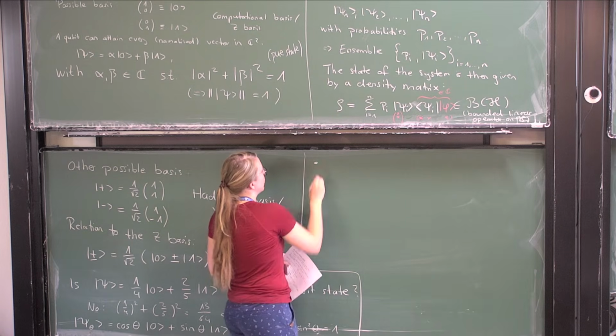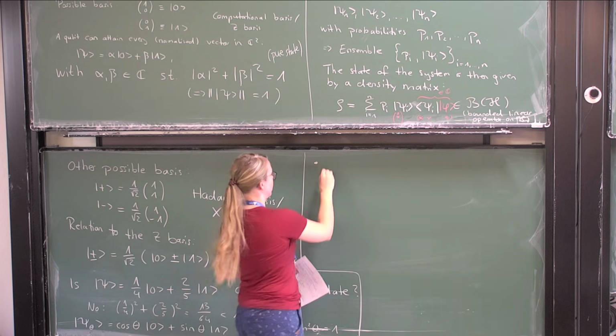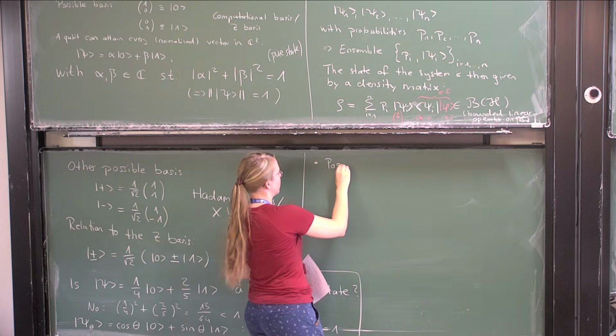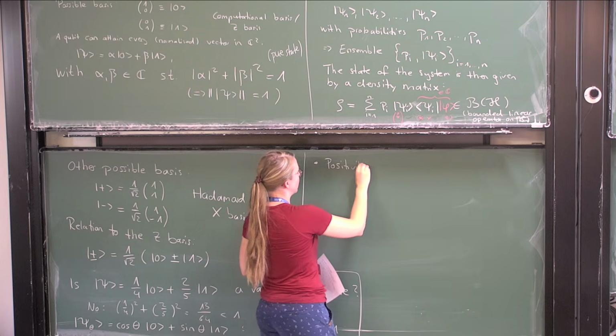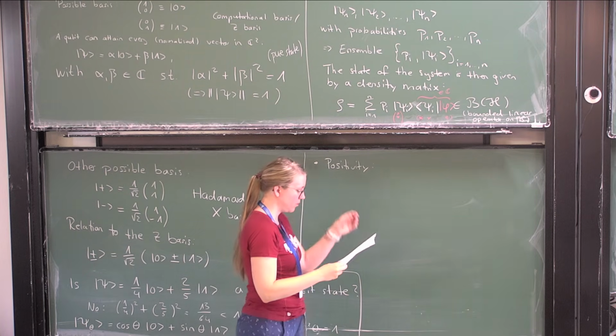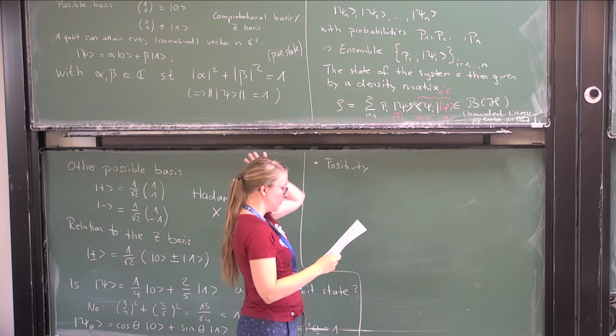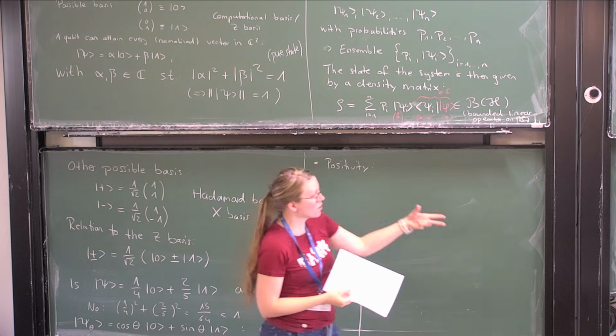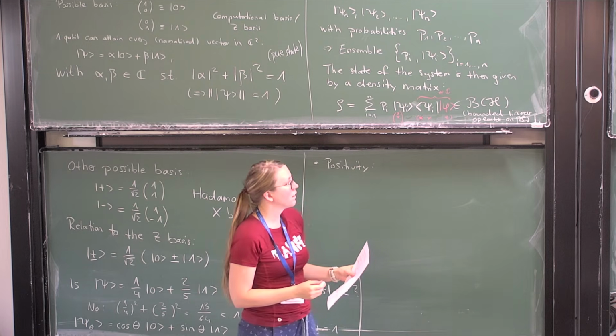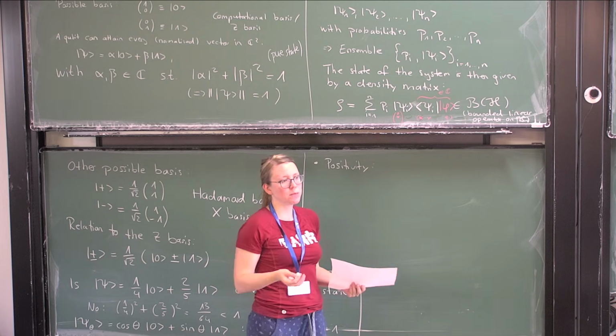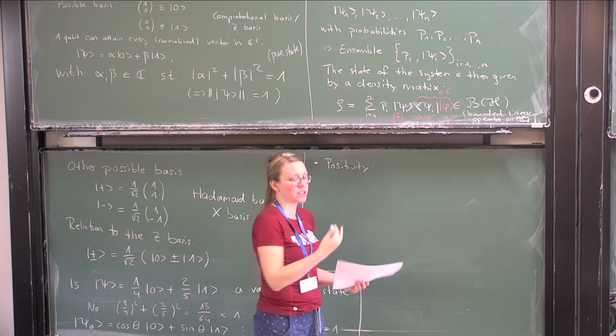Okay, first let's start with positivity. So a linear map is positive if the output state is positive semi-definite for all positive semi-definite inputs.